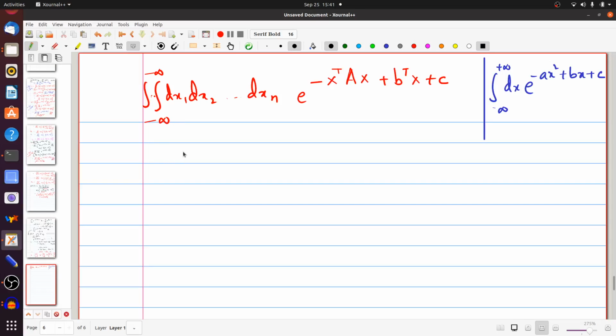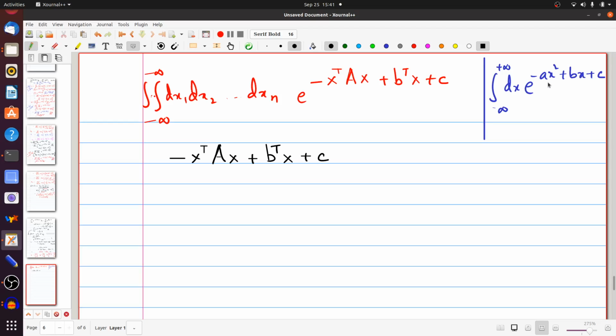So let's look at the exponent that we have. We have minus x transpose A x, which is a purely homogeneous quadratic part, plus b transpose x, which is a linear part, plus a constant. Now, our aim would be, just as we did here, to get rid of the linear part.